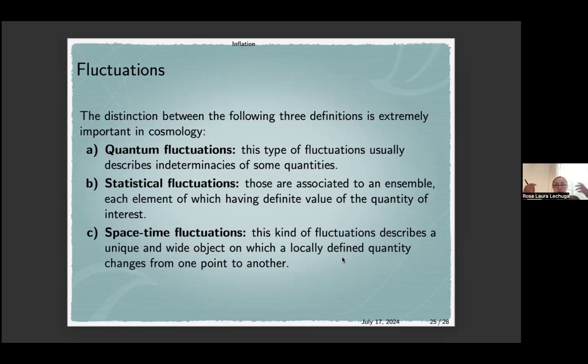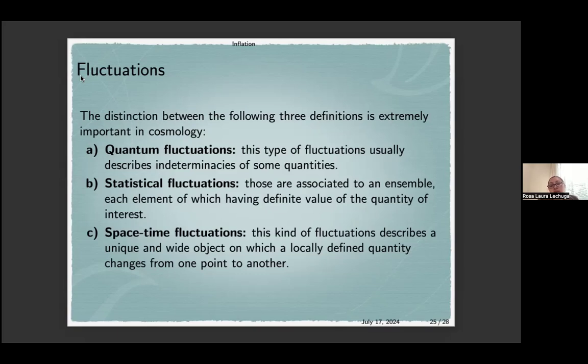So if I have a glass and I measure the temperature, okay, a glass is a small object, but if you consider, for example, a big object, the temperature on the earth, and you measure the temperature in Brazil and then compare with the temperature in Mexico City, the differences give us the space-time fluctuation, because you are thinking of a quantity at one point and comparing with a different point, but with the same quantity.